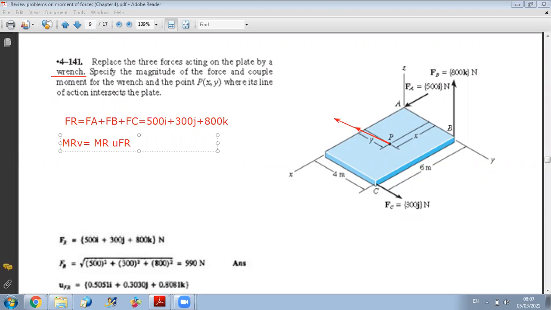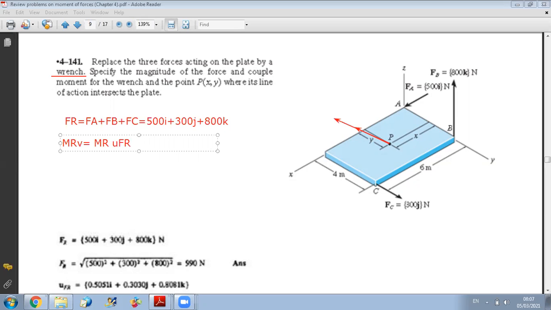Okay? So what we should do here, we should find the unit vector of FR and say that the resultant moment vector should be along the same line of action. So it can be written as a certain algebraic value times the unit vector. Concerning the unit vector of FR, we can easily find it.